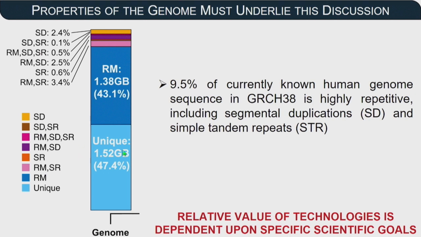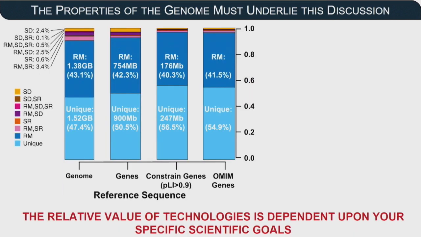The relative value of these technologies is really dependent upon your scientific goals. We have to keep that in mind as we move along, because there's a lot of talk of long reads in the clinic and interpretation. But if we think about what I just said, and then talk about where the genes are in this space, well, of this unique and repeat masked sequence, almost all of the genes also live in that region.